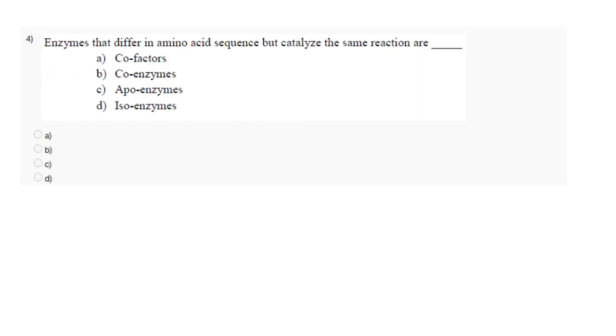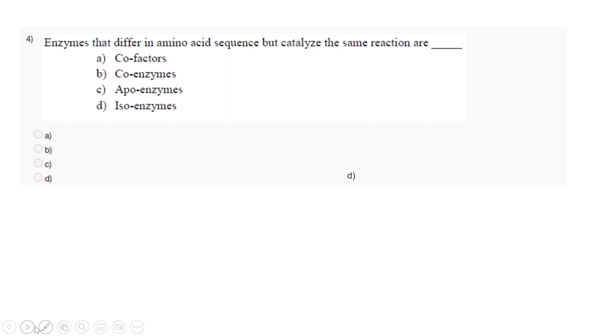Another question: enzymes that differ in amino acid sequence but catalyze the same reaction are cofactor, coenzyme, apoenzyme, or isoenzyme. Isoenzyme, right.